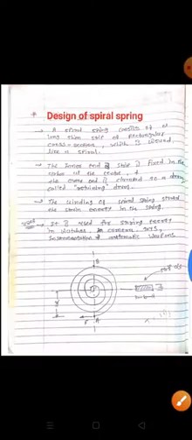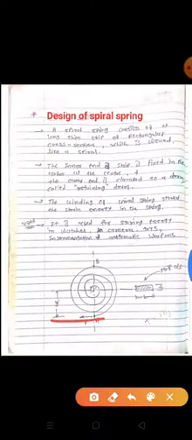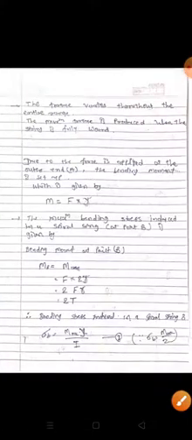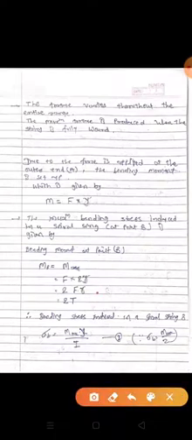You can see, force into R plus R means F into 2R. So M_B is equal to 2 into F into R, and F into R means force into distance, which is equal to T. So that's why M_B is equal to 2T.